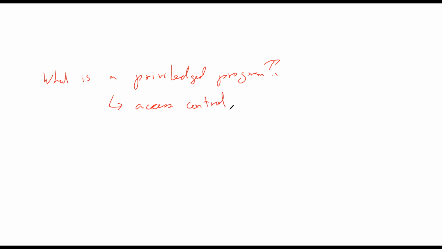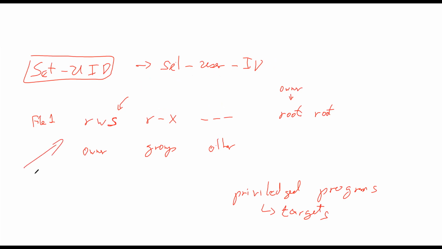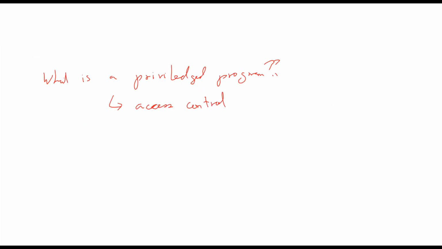Privileged programs allow you to bypass access control, because access control can be a little bit restrictive in the way it was done. SetUID is almost like an exception. In a perfect world, there should be no SetUID; access control, these rules over here, should take care of everything. But what happens when you need to run a program on a file that is owned by root, for instance? Then you have a problem. That's really why you end up with the need for SetUID.